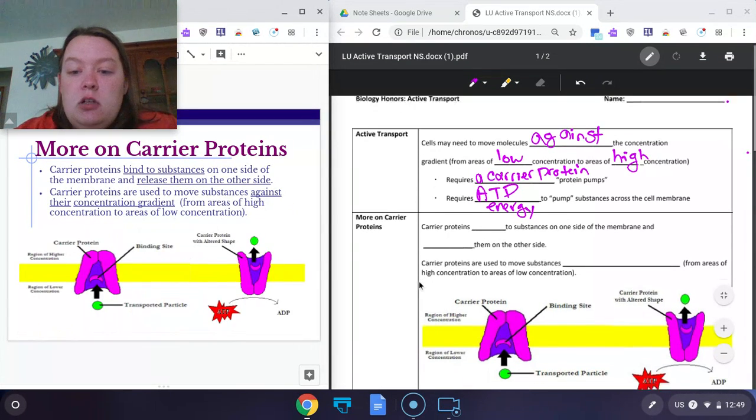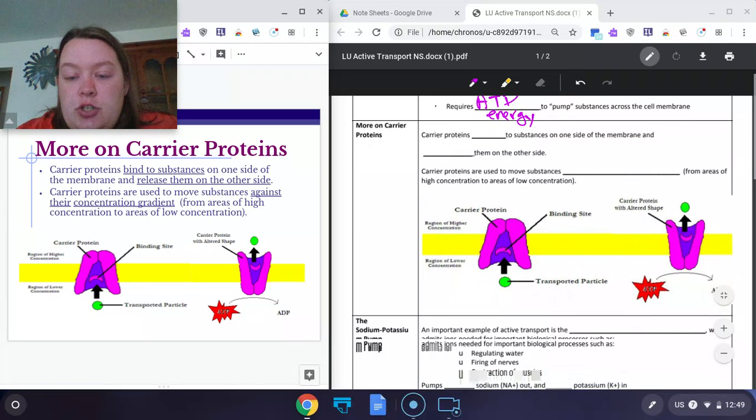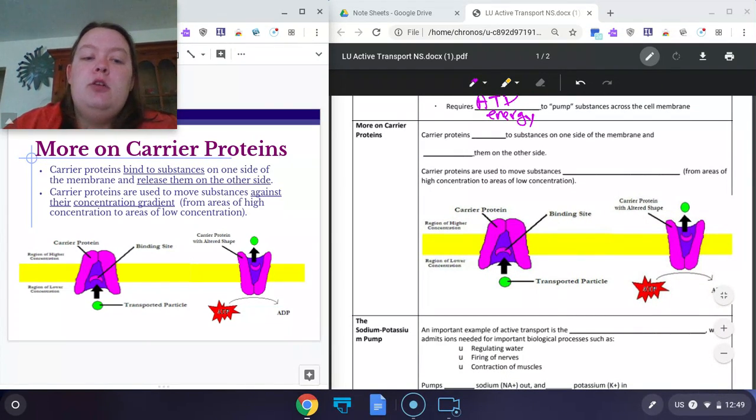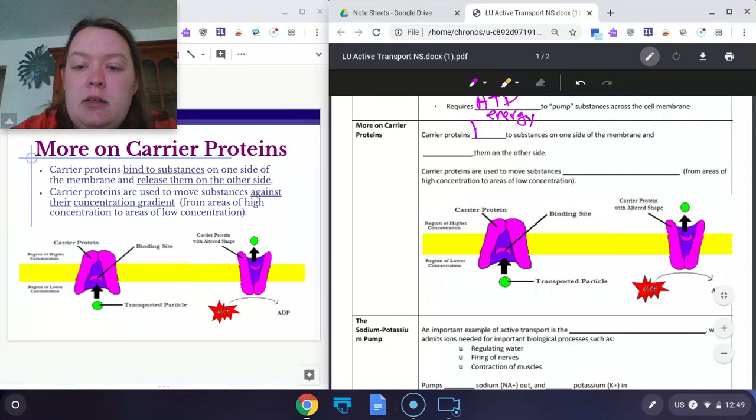So last time we talked about carrier proteins just briefly. We're going to talk about them a bit more. So the way that carrier proteins work is they're going to bind to a substance on one side of the membrane and then release it on the other side.